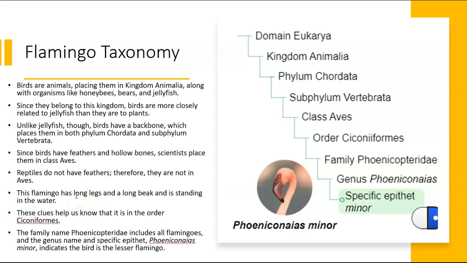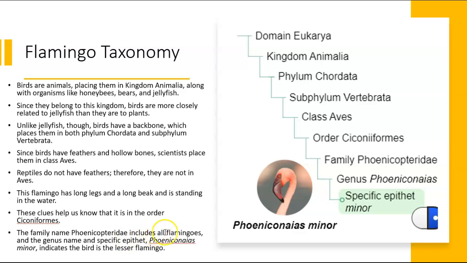Flamingos have long legs and long beaks, and they like to stand in the water. So that makes them belong to the order of Phoenicopteriformes. And finally, the family that includes flamingos is, I'm not sure how to pronounce this name, let me try it, Phoenicopteridae.